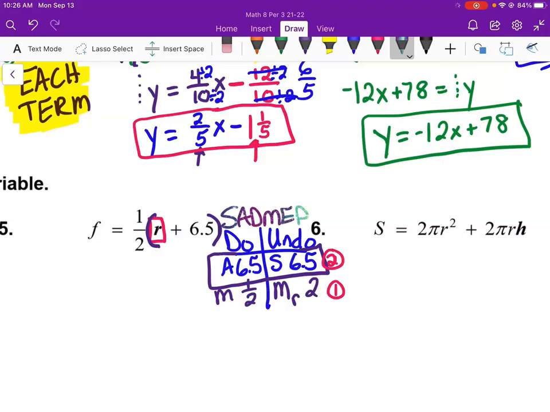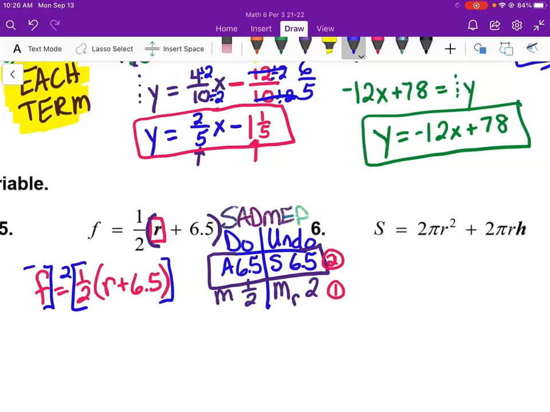Okay, so the first thing I'm going to do is multiply both sides by 1/2. I'm going to rewrite it over here actually, because it's a little squishy. Okay, so I've got multiply both sides by 2. Why is it not each term? Well, because we're vanquishing the foe, we're not doing regular steps. So now I've got 2f on this side, and then this one has just r plus 6 5/10.